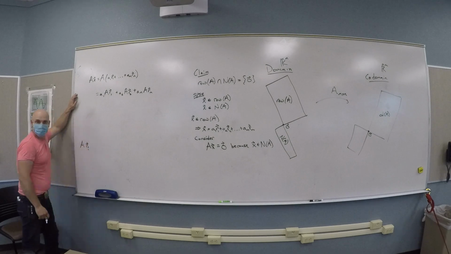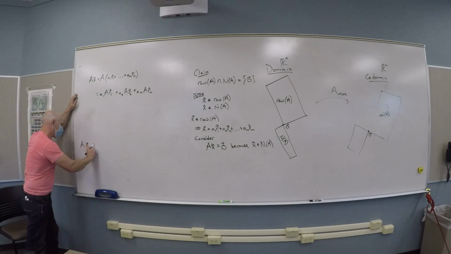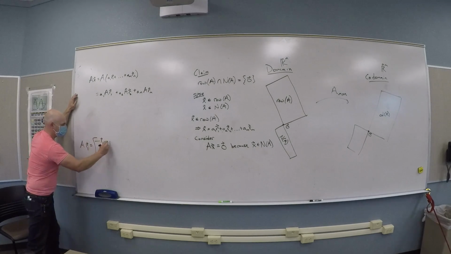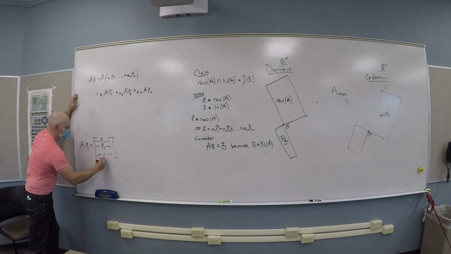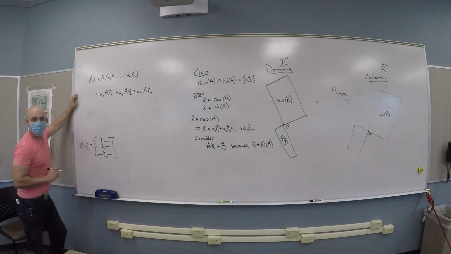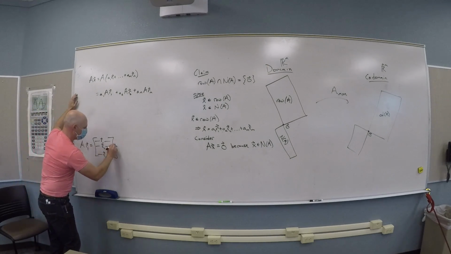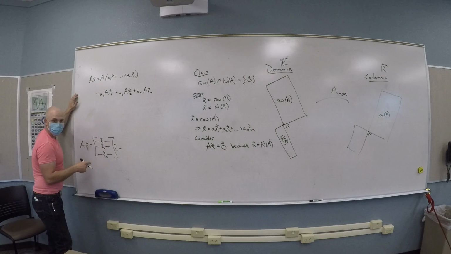Well, let's just do it to R1. So A looks like rows, so it's row 1, and then it's more rows. How many rows is it? M rows, perfect. And I'm doing this to R1.